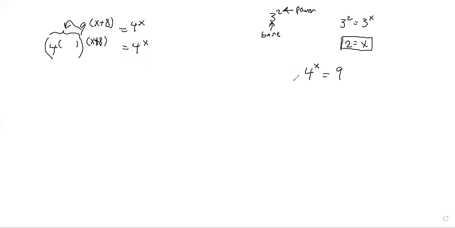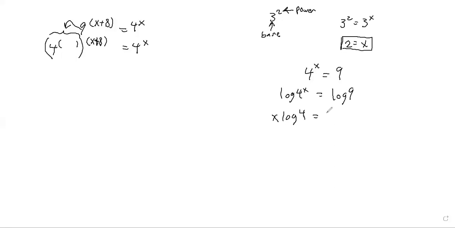We use logarithms. We take the log of both sides. So we're going to take the log of 4 to the x equals the log of 9. Now, for the log of 4 to the x, we can move the x to the outside, so just x log of 4. That's a property of logarithms. And it doesn't matter if you use log, which is log base 10, or if you use ln, you can still use the same property.